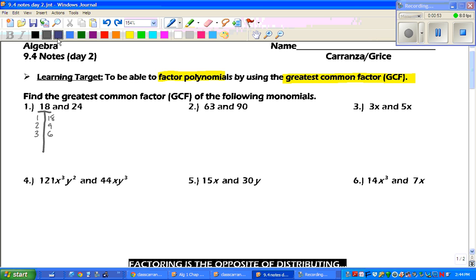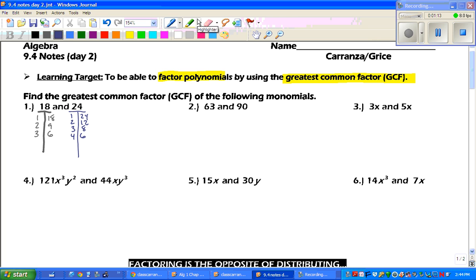Okay? So now let's do the same thing with the factors of 24. You've got 1 and 24, 2 and 12, 3 and 8, 4 and 6, and 5 does not go into it, so we're back to 6.